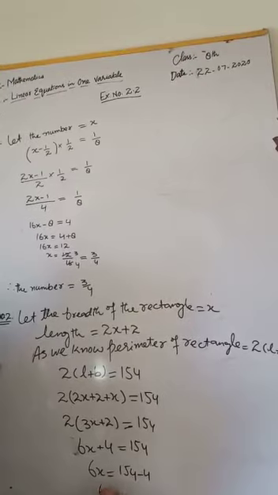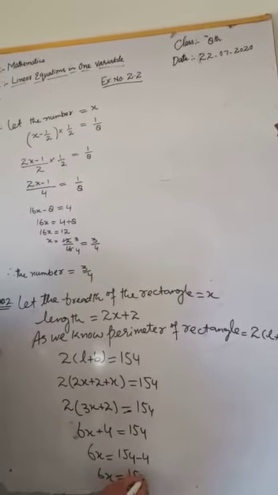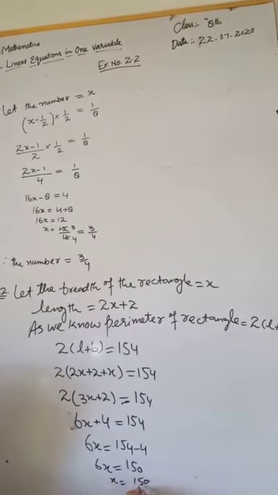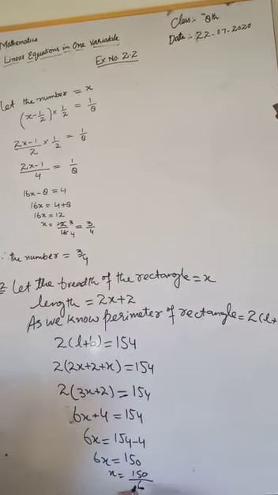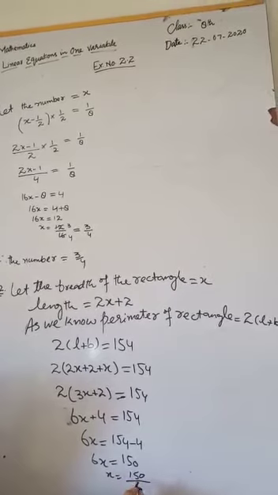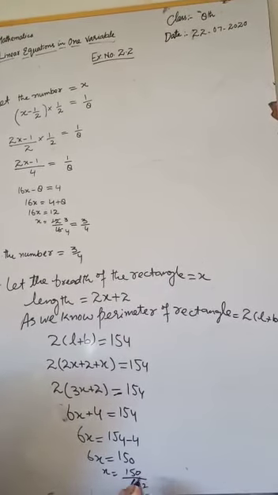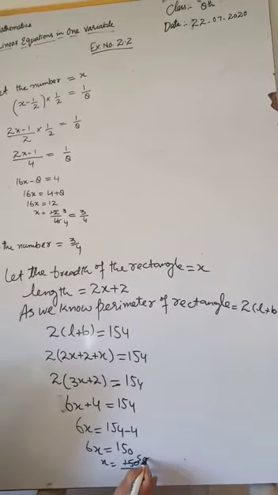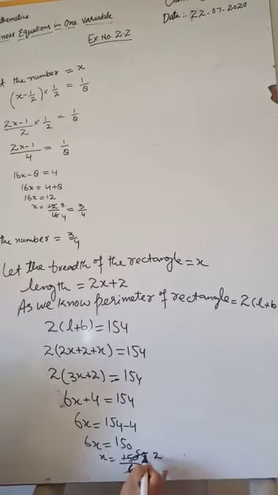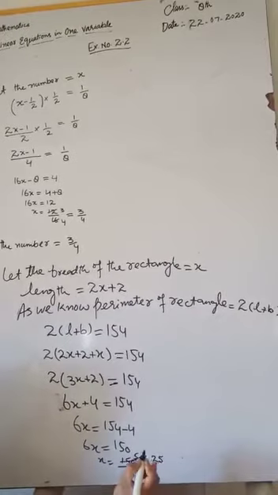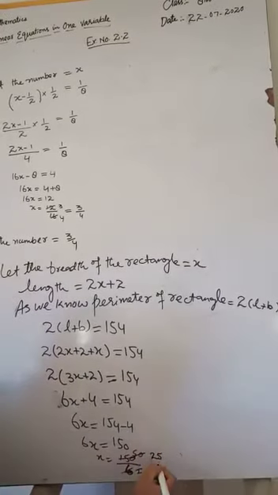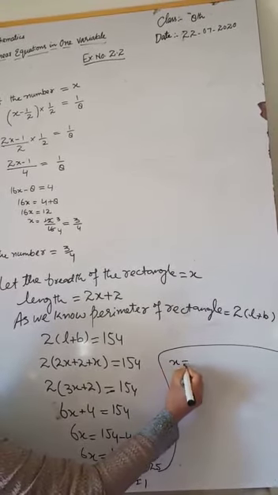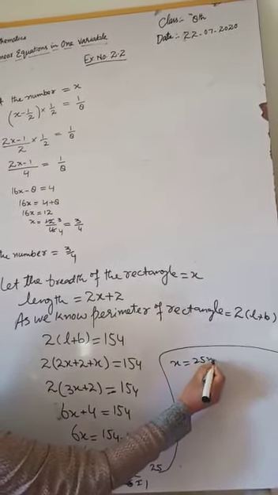So we will get 6x is equal to 150. x will be equal to 150 divided by 6. 6 5s are 30, 6 2s are 12... therefore, we can write it here as x is equal to 25 meter.